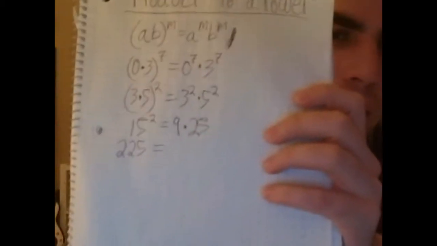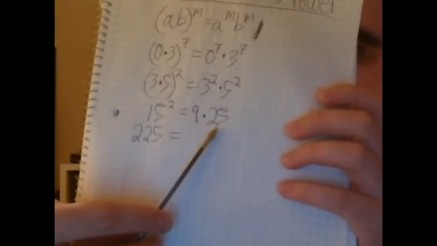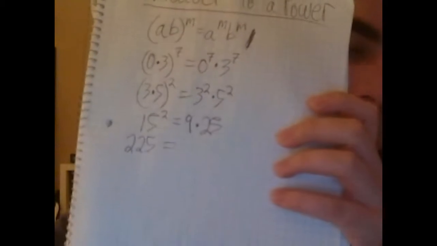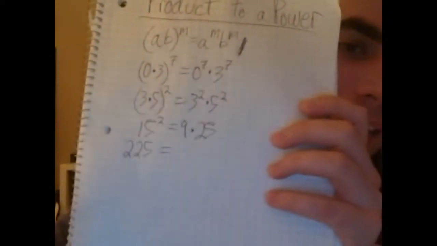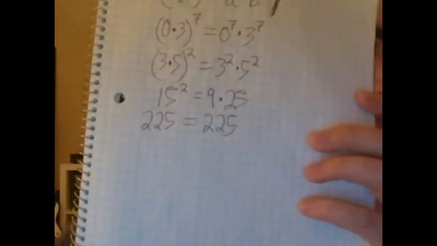Let's test it. 9 times 25, the way that I multiply two-digit numbers is I do 9 times 20 is 180, plus 9 times 5 is 45, and 180 plus 45 is 225. 225 is 225, we know that's true, so this example works as well. See how I'm checking my answers?